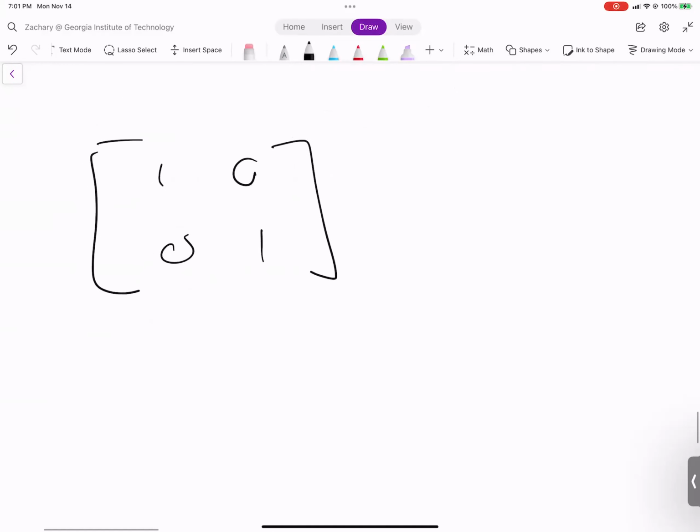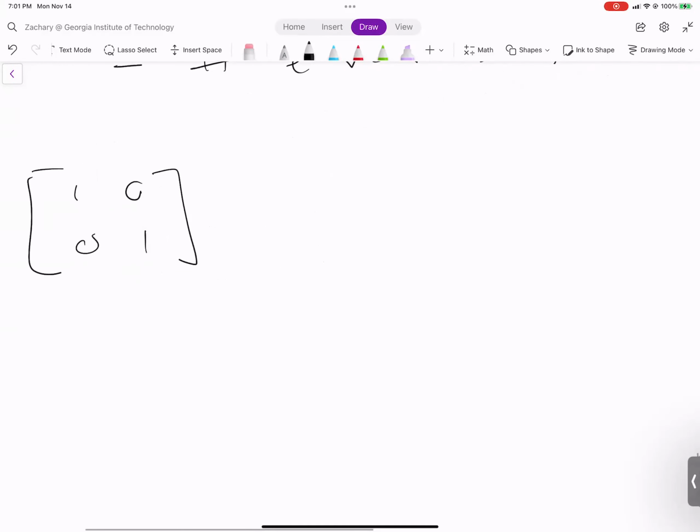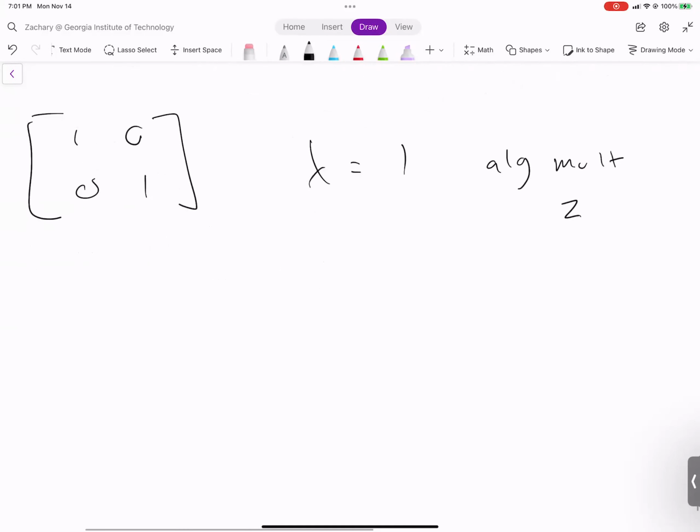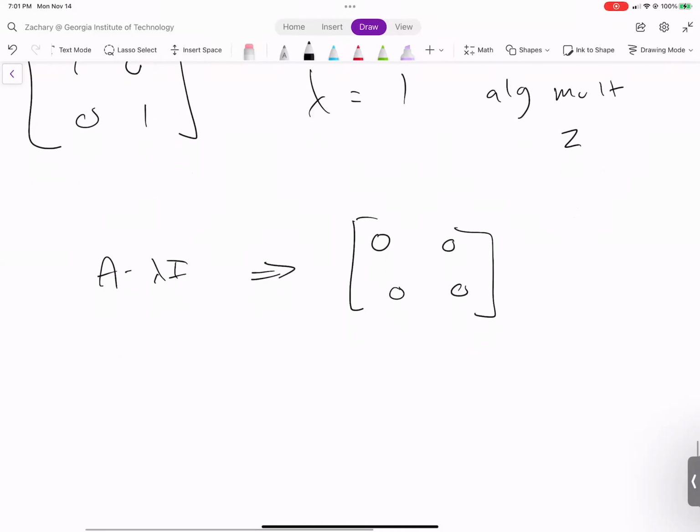It's diagonal, so we can go ahead and pull off lambda equals 1 with algebraic multiplicity of 2. So when we take A minus lambda I, what do we get? We get 1 minus 1 up here, 0, 0, 0, 1 minus 1 here, 0. How many free variables does this matrix have? 2, right? So that means the geometric multiplicity is 2. So that means this one's diagonalizable.